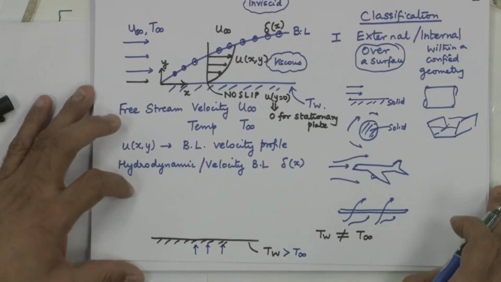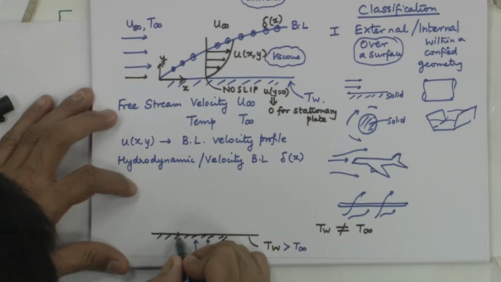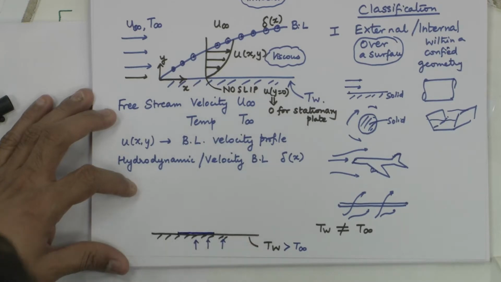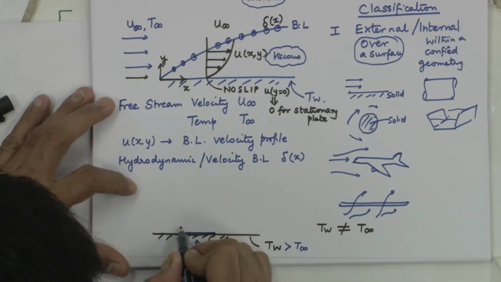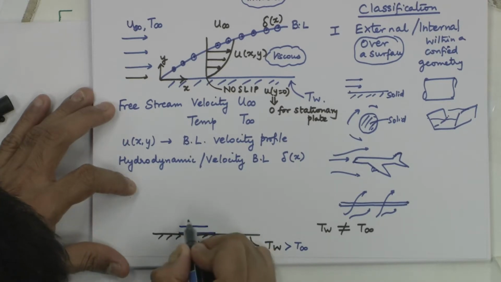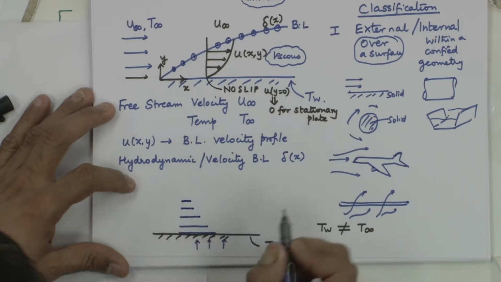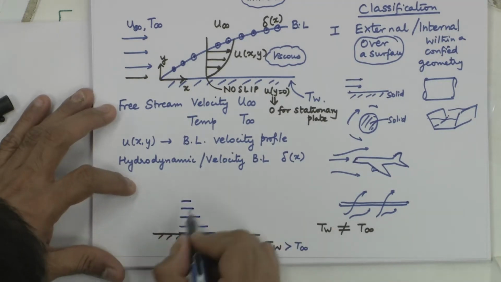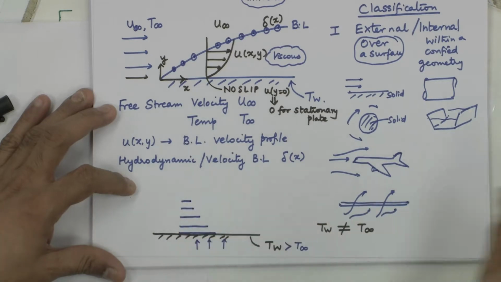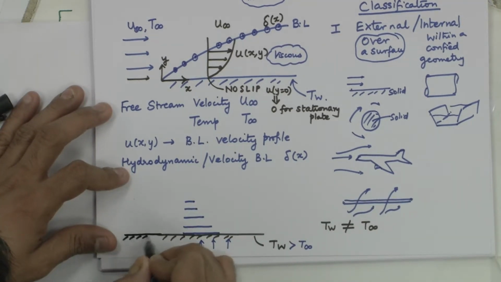Now let us see what the temperature distribution is like. The fluid will have the same temperature as the wall here. At a next location, this is shown by exaggeration, I would be here, smaller value, smaller value, smaller value, smaller value. Finally, I would reach a situation where the fluid temperature is virtually the same as the free stream temperature.